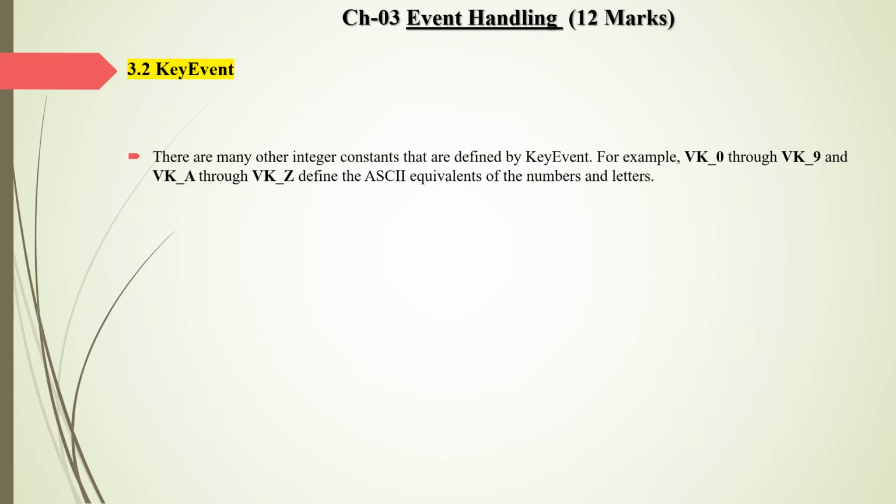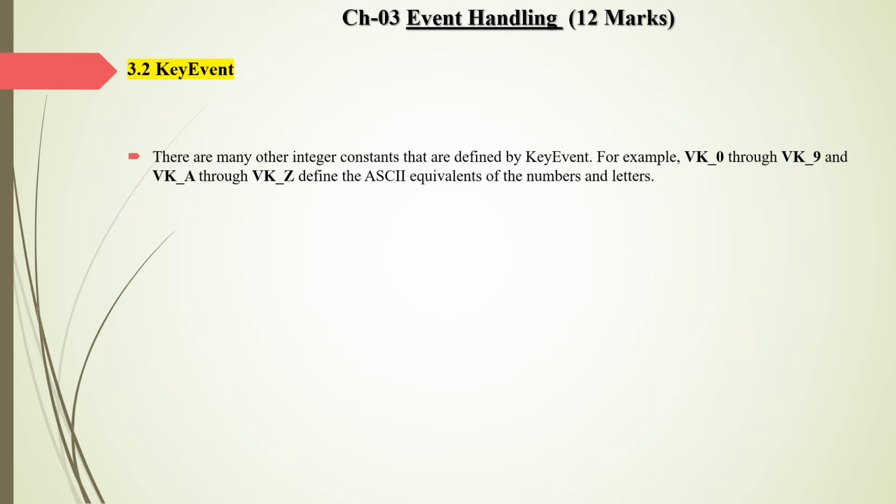Next, there are many other integer constants that are defined by KeyEvent. For example, VK_0 through VK_9 and VK_A through VK_Z define the ASCII equivalent of the numbers and letters. So this is a very important point.